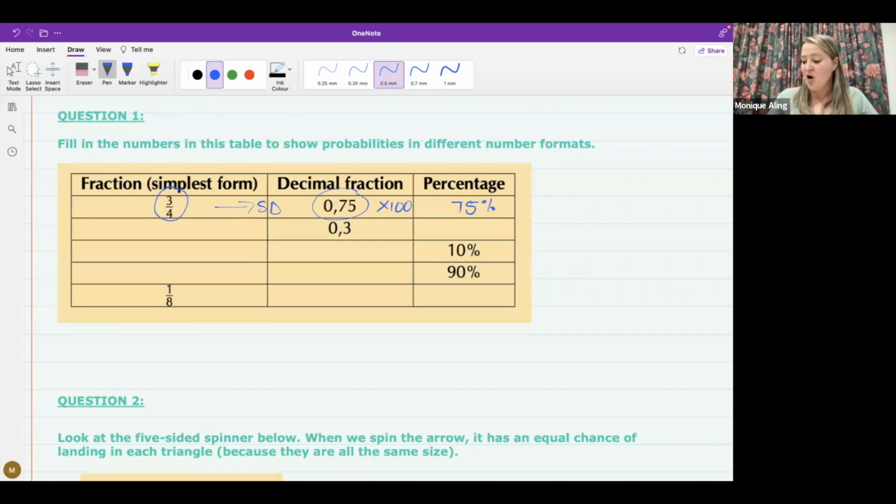Then the next one, we were only given the decimal fraction amount. So you can put that into your calculator, which will then give you a fraction of 3/10. And either one of those you can times by 100 to get your percentage of 30. Okay. Then if we look at the next one, we've just got 10%.